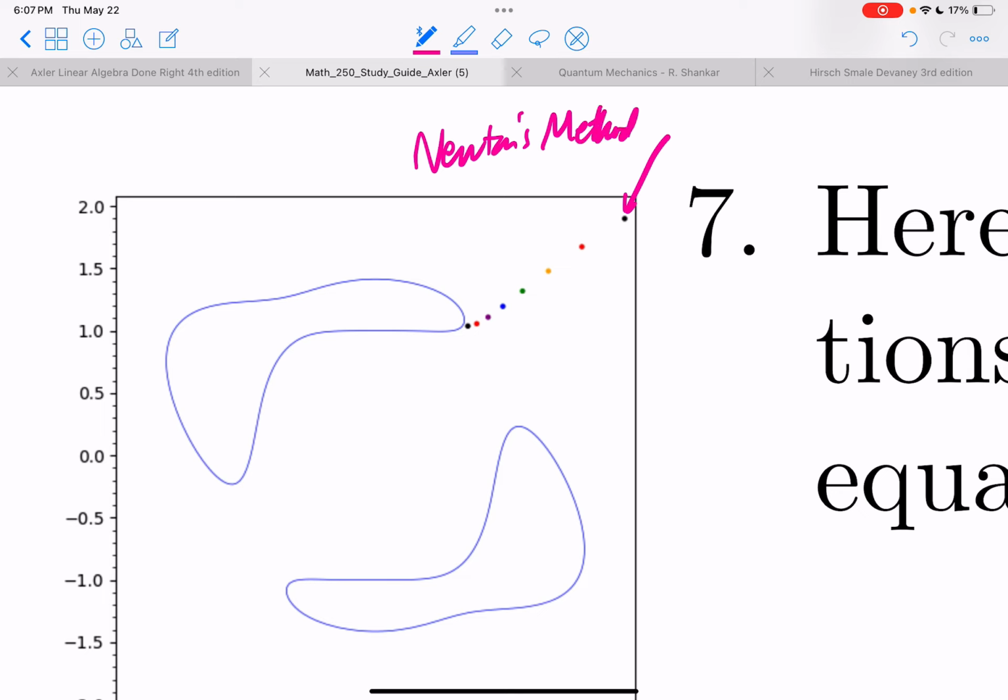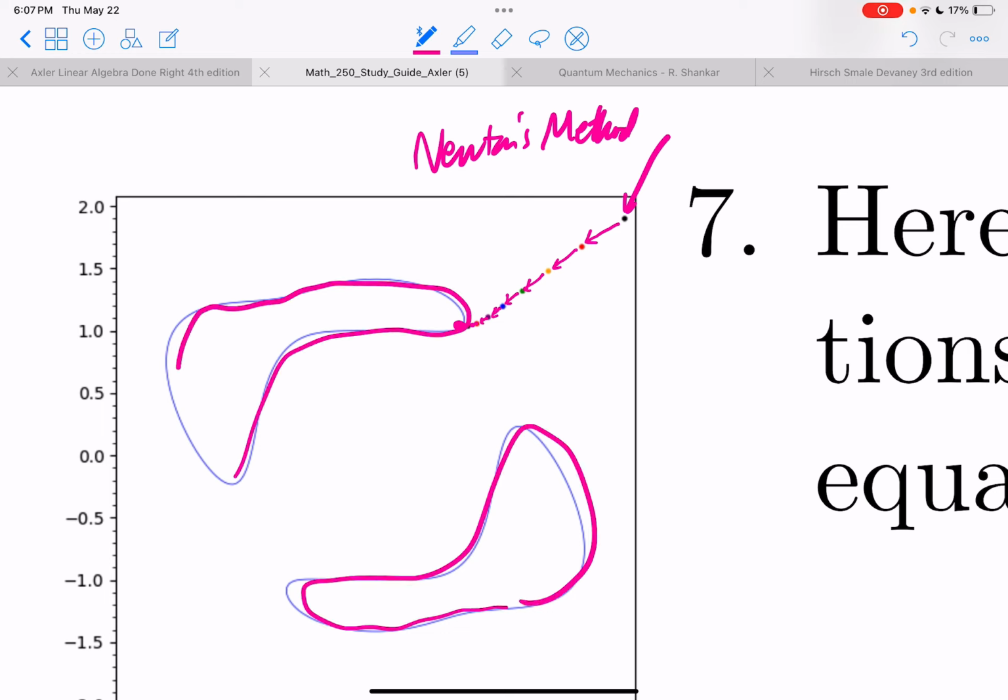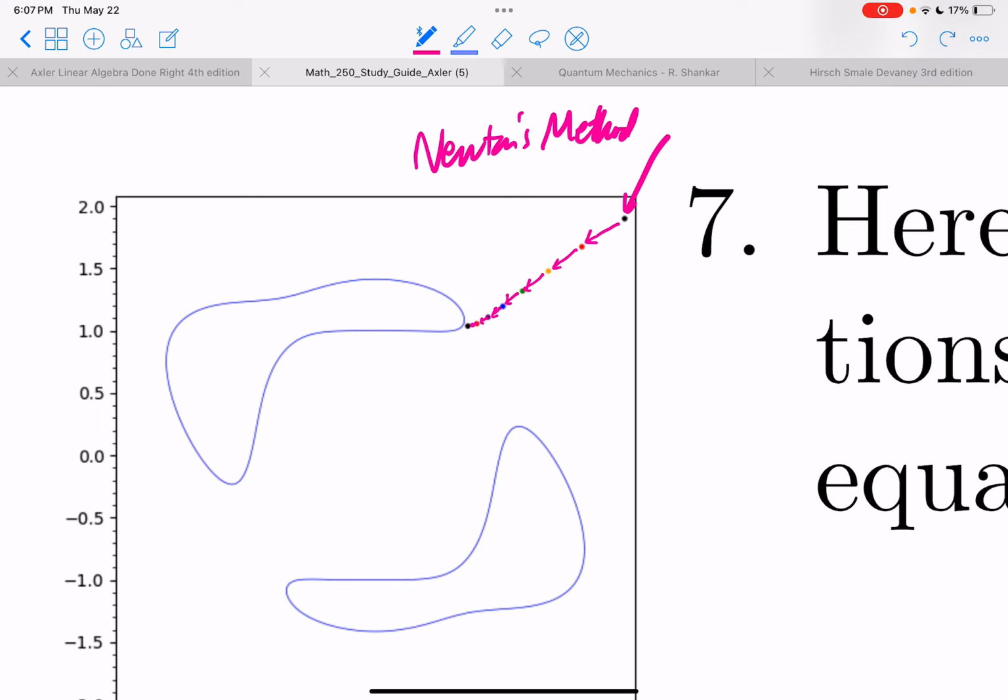And you just guess anywhere. Then iteratively you use the derivative, and you step there, step there, step there, and with each step you get closer to a solution. In other words, this blue curve with these two pieces is the set of solutions to a nonlinear equation, f of x, y equals 0, where f is some nonlinear function.